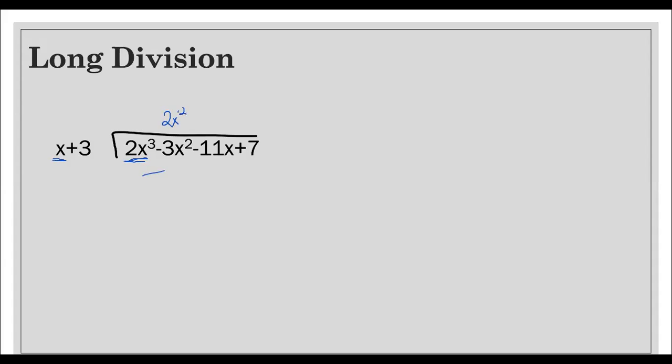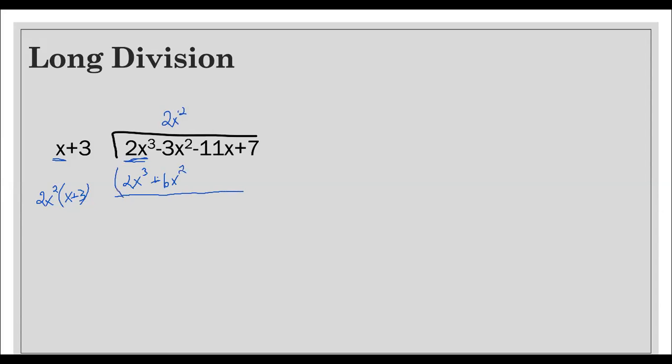Now again, we're going to multiply 2x squared times x plus 3, right? So 2x squared times x, that's our 2x cubed, and we designed it to get rid of that term, so that looks good. And then 2x squared times 3 is plus 6x squared, okay?